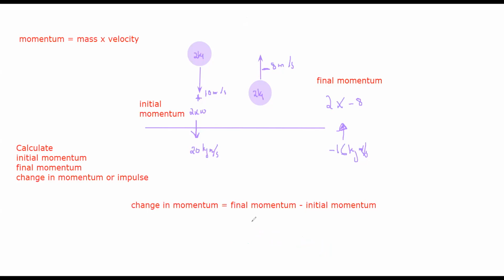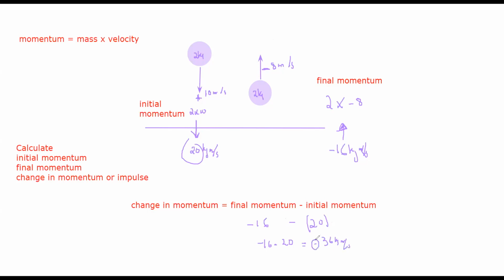So the final momentum was minus 16. This minus is for difference, and the initial momentum in the question was 20. So minus 16 minus 20 is equal to minus 36 kilogram meter per second.